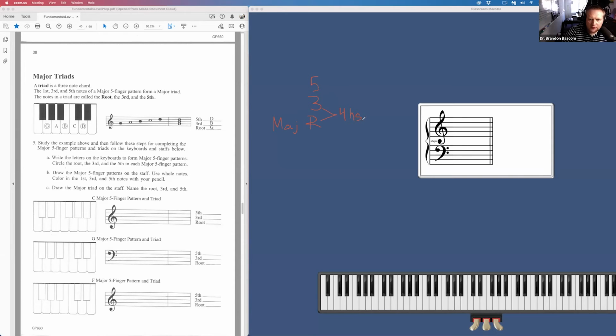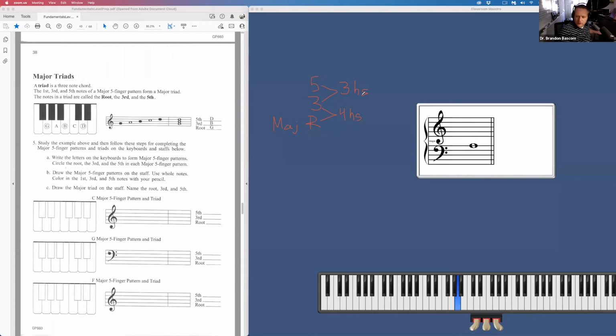HS for half steps. 1, 2, 3, 4. And in between the third and the fifth, there are 3 half steps. 1, 2, 3. So the formula for a major triad is 4 half steps on the bottom and 3 half steps on the top. Again, it doesn't matter which key you choose.